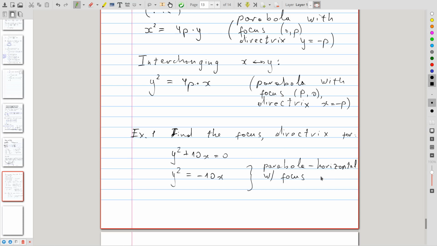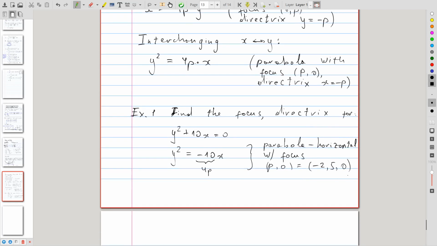And so it's the focus with coordinates (p, 0), according to what we had here, and p must be minus 2.5. So since this here is 4p, p is minus 2.5, and so we get the coordinates for the focus minus 2.5, 0. And directrix given by the equation x equals 2.5. And so that's what you get if you take x equals minus p.